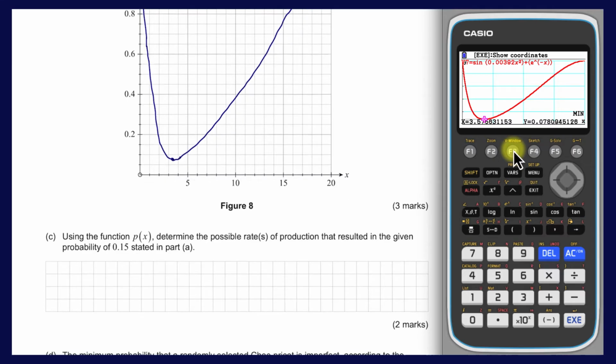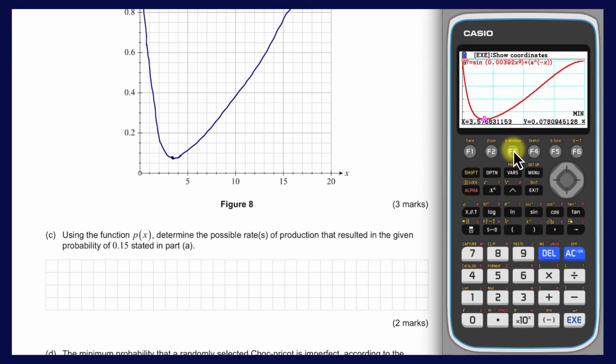Part C says, using the function p of x, determine the possible rates that result in a probability of 0.15. So now 0.15 is in fact this position here. Clearly this relationship suggests that there are two possible rates for which that would occur. One of the rates is here and the other rate is there. So I'm going to use an x calculation.